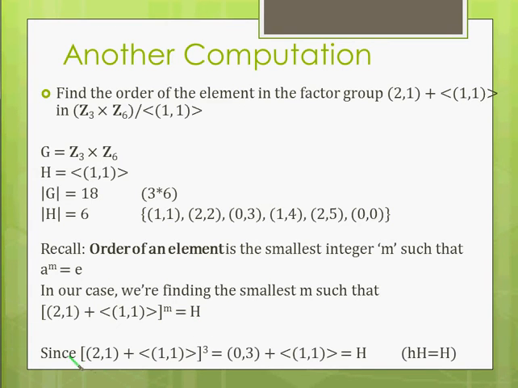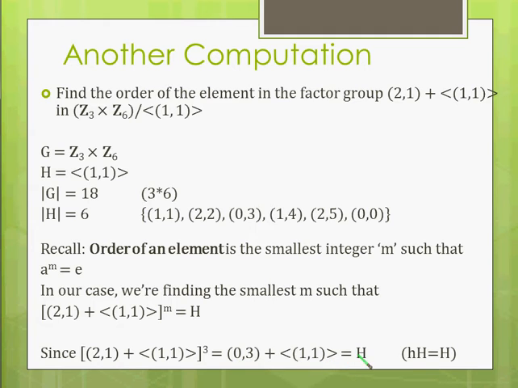And the answer is 3, because if we add this element to itself 3 times, we get this plus this. If you can't see it, just write it on paper real quick. But (2,1) plus (2,1) plus (2,1) is (0,3). And for this cyclic subgroup, it doesn't matter how many times you add it to itself, it's still the cyclic subgroup.